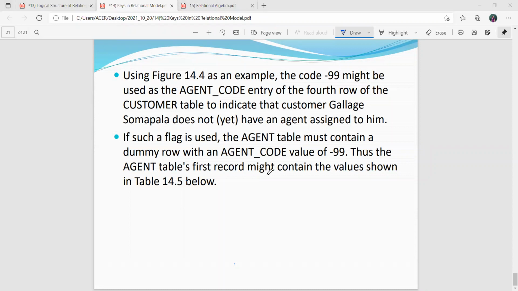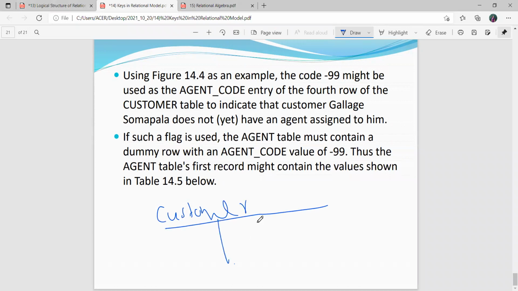Okay, secondary key means, as an example, you can see the customer table. The customer table consists of customer ID, customer name and customer address. When we consider the DBMS, we use some queries. Still we are in the database designing phase.